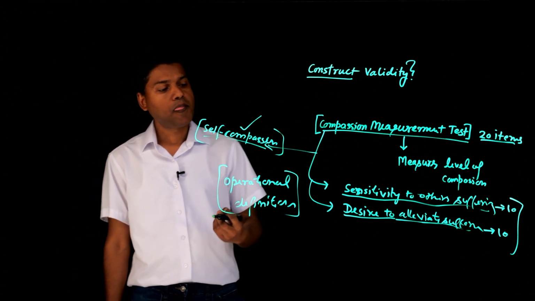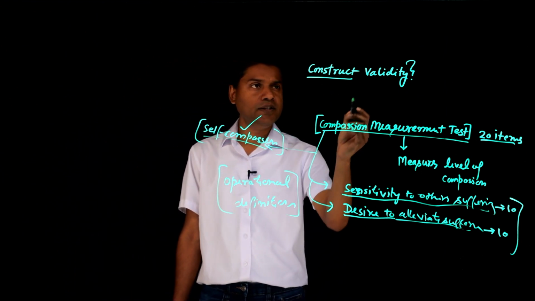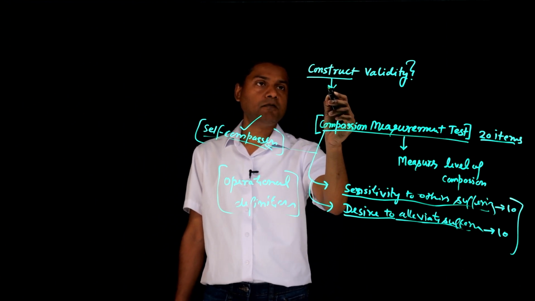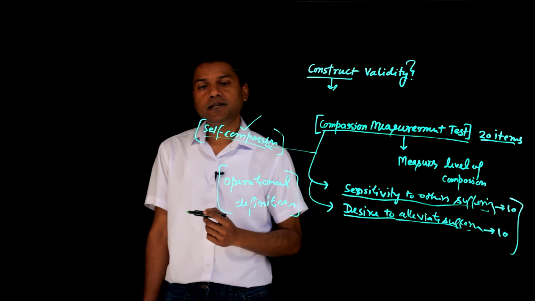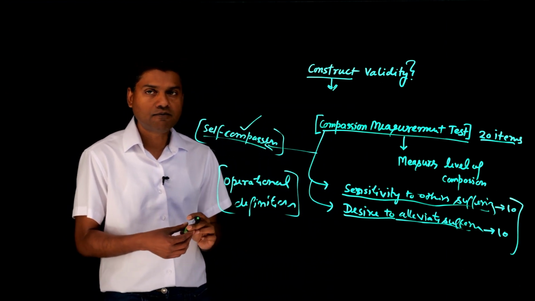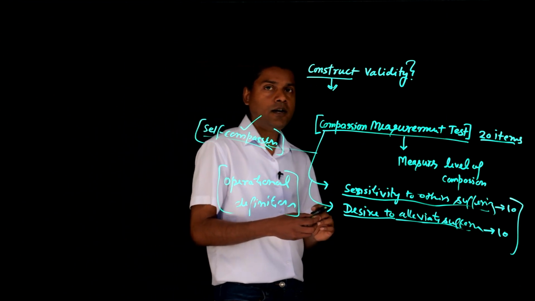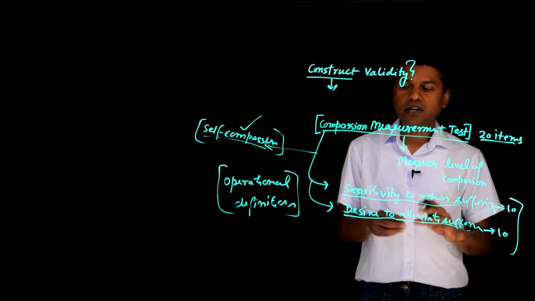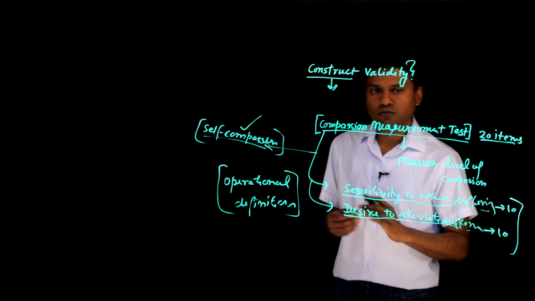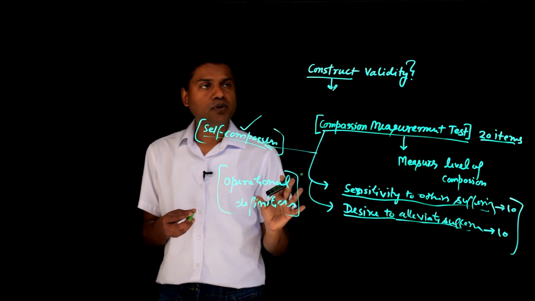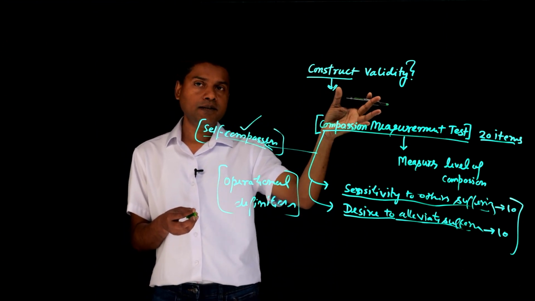So a researcher can argue that this test has a low level of construct validity. There are statistical tools, factor analysis, which is commonly used to measure construct validity. So that's not the focus here. We will learn it later. But here we are trying to understand what construct validity is.